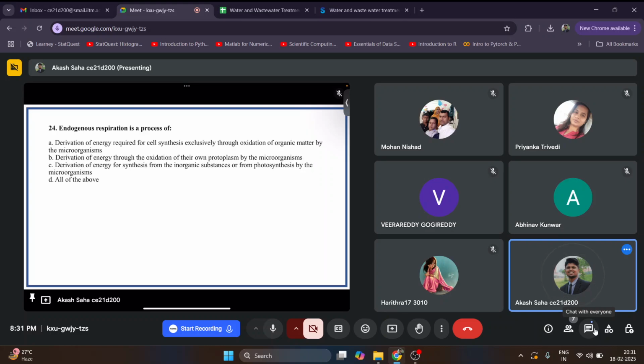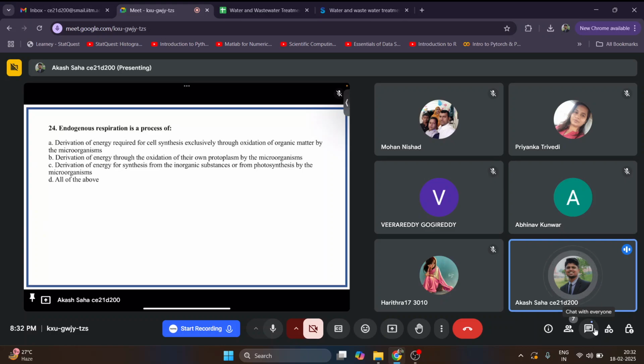Next question. Endogenous respiration is a process of derivation of energy required for cell synthesis exclusively through oxidation of organic matter by microorganisms, or is it derivation of energy through the oxidation of their own protoplasm by the microorganisms, or derivation of energy for synthesis from inorganic substances, or from photosynthesis by the microorganisms, or all of the above.